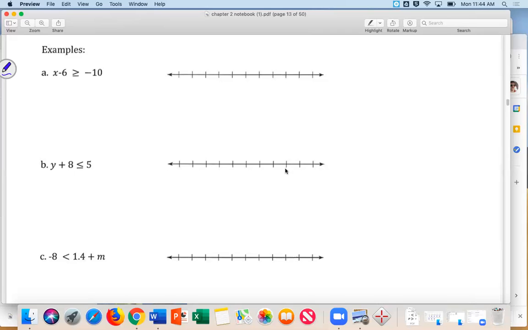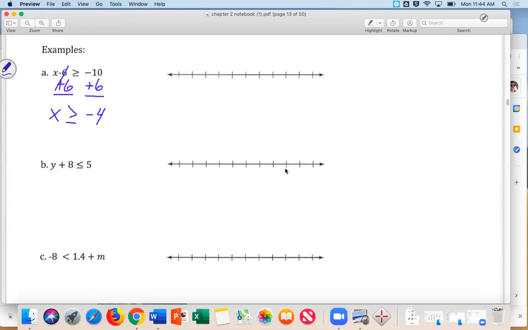Do you add 6? Yeah, I add 6. So everybody go ahead and add 6. So if x is greater than or equal to negative 10 plus 6 is negative 4.